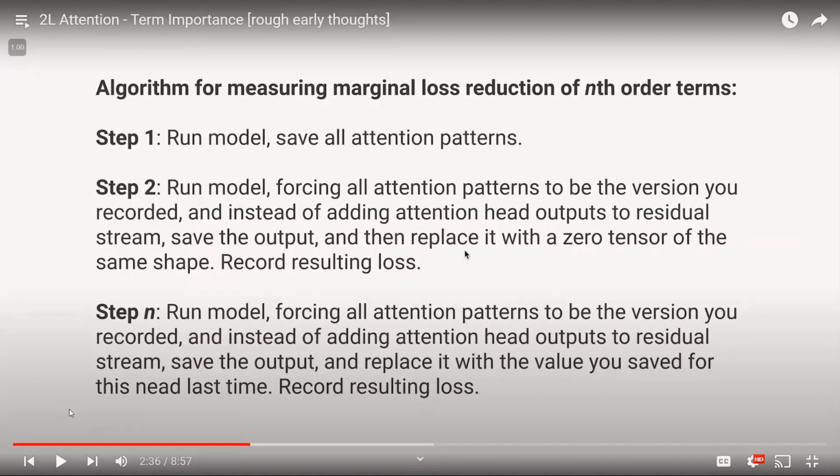Basically you train the model, run it, save all the attention patterns, and then zero out part of the signal to see how the word predictions get worse. So you zero out the straight-through path, or the single-head paths, or whatever. I don't think he's going to go into too much detail, but he's going to explain how they calculate it.